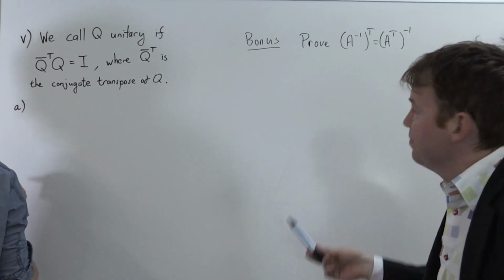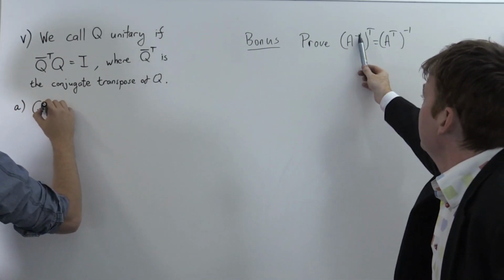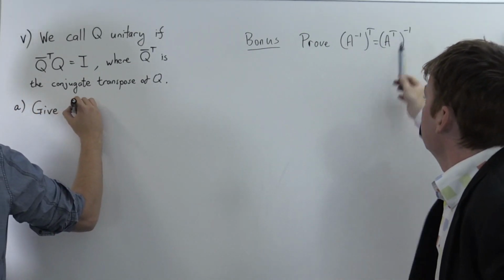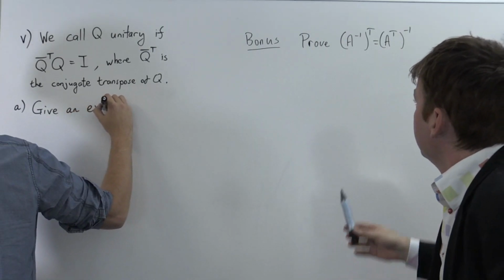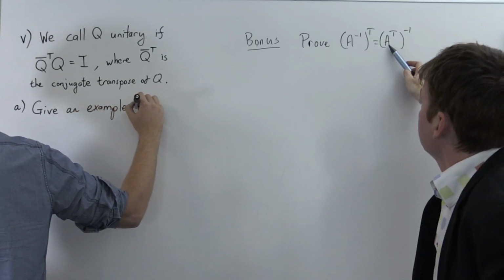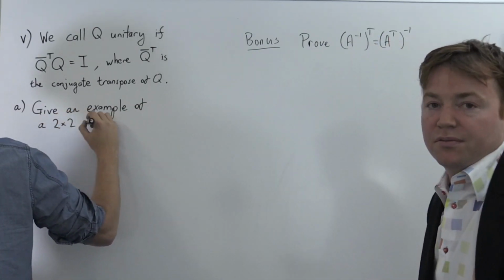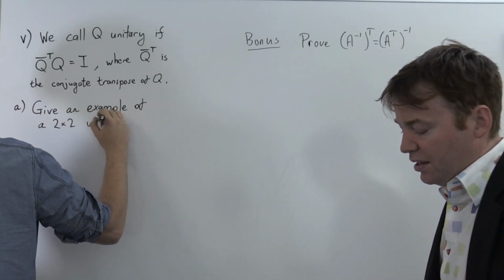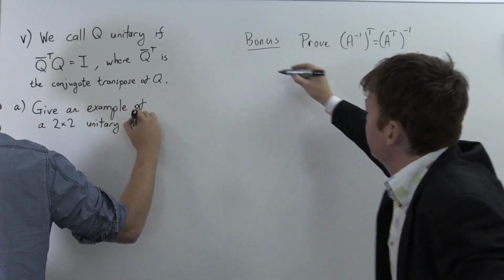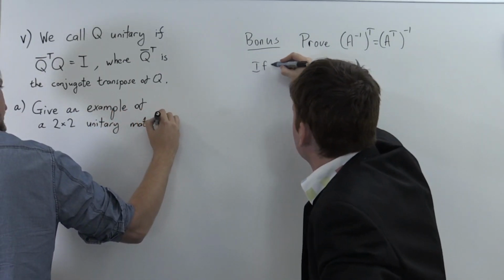Let's think about this. We're supposing that A inverse transpose is A transpose inverse. What that means is that if you want to take the inverse of A transpose, you could just take A inverse transpose. Well, let's see if this is true.